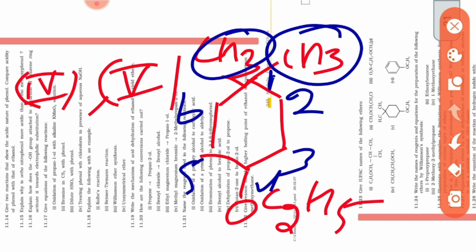Why from there? Because M is coming alphabetically first. So its name will be 4, what is there? OC2H5, ethoxy. 4-ethoxy. Again I am saying 4-ethoxy, then 1,1-dimethyl cyclohexane.